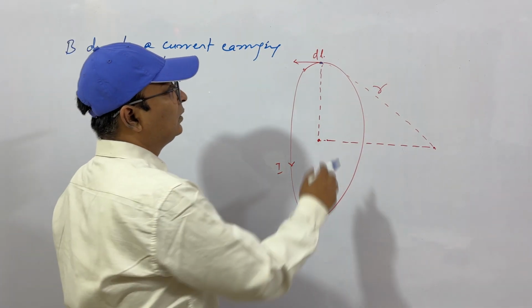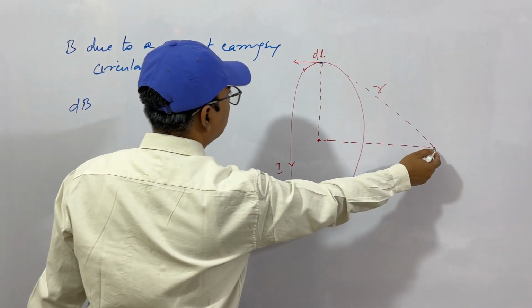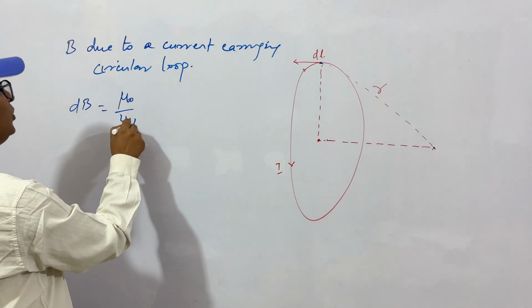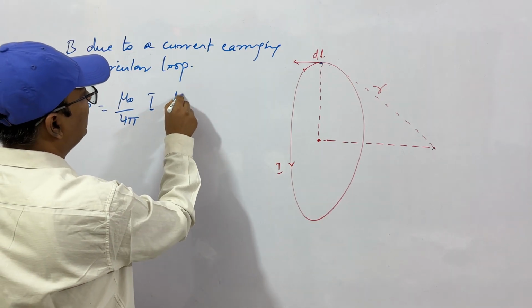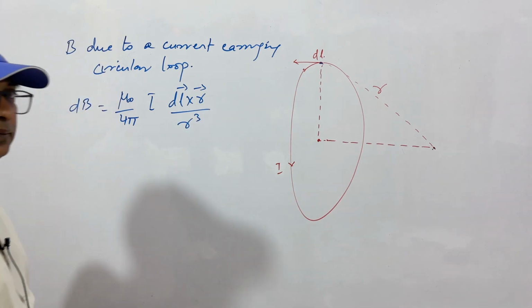So what will be the magnetic field here? dB at this point, from Biot-Savart's law, is mu 0 by 4 pi I dl cross r by r cube.